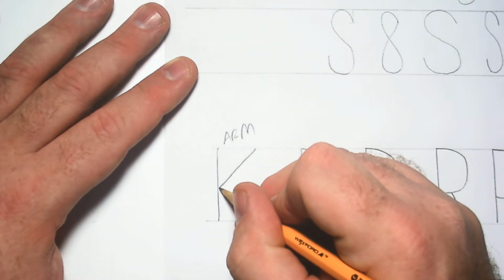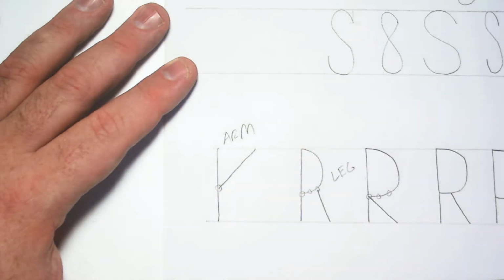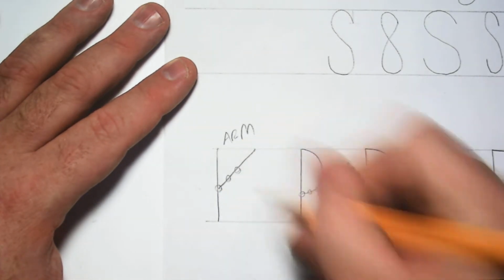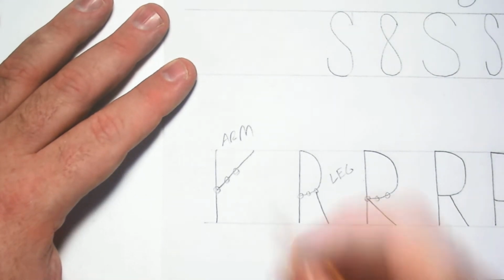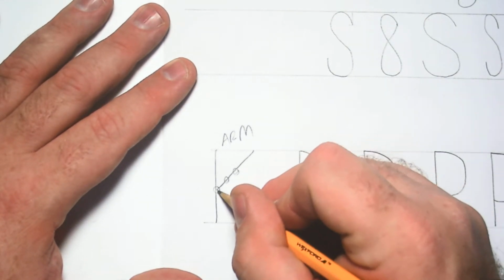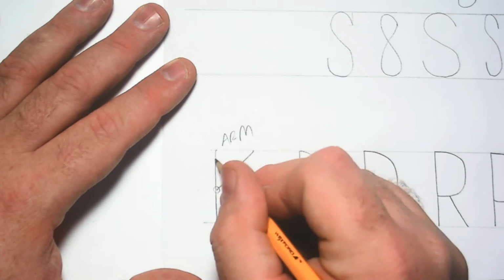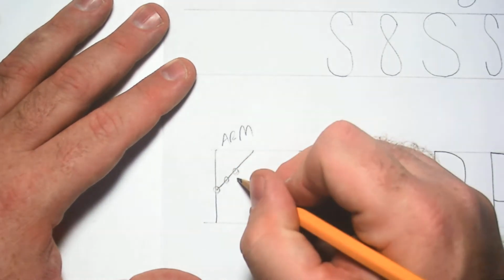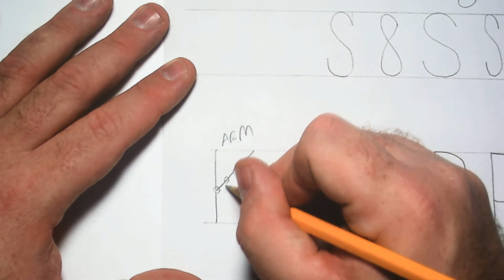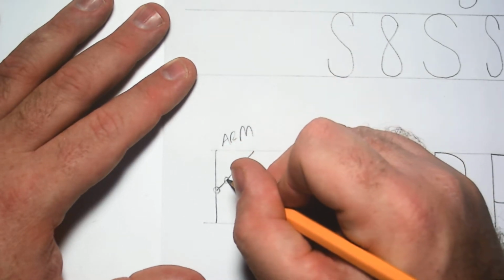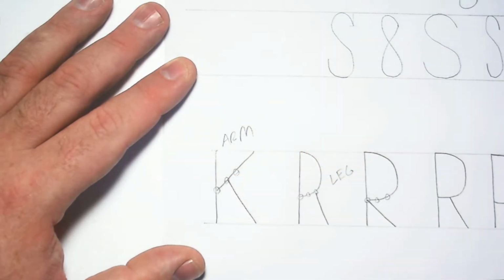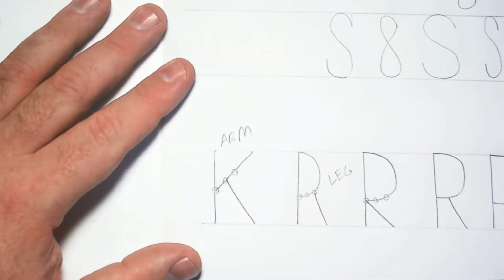So now I have the ability, and I can have my leg start here, or here, or here. I have the ability, however I want to do this. Since this is a pretty wide angle that I've created here, it's almost like a right triangle, so it would probably make sense for me to build my leg coming out from here to right about there. So I have a nice stable letter form.